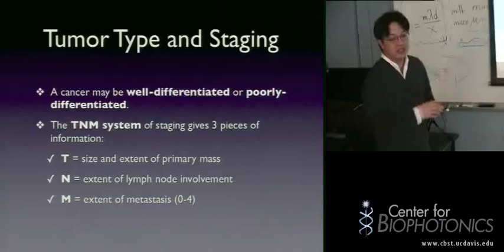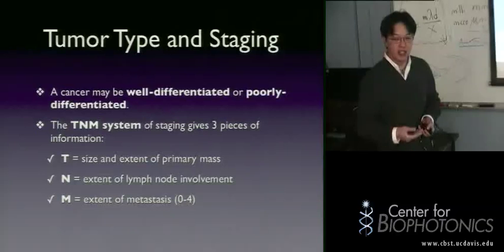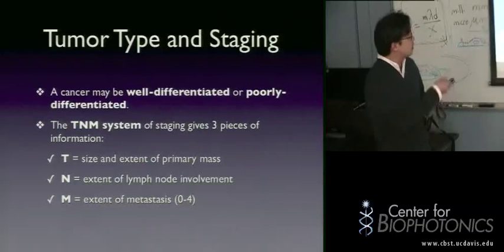In terms of stage, you could have something which is early stage or late stage, meaning that you caught it early in its development or late in its development. Doctors have a system they call the TNM system of evaluating cancer, which gives you 3 pieces of information. Number 1, T stands for the size and extent of the primary mass.